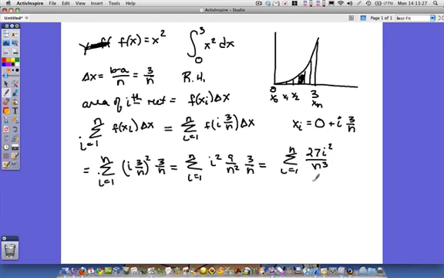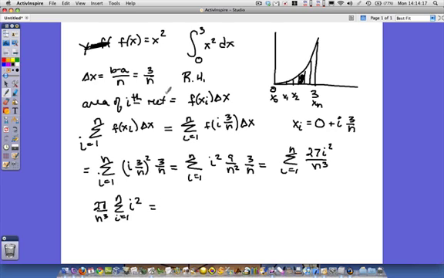Okay? Now what we talked about last week is that any constant we can take out and put out in front of the summation. So I'm going to do that with the 1 over n cubed. 1 over n cubed, sum i equals 1 to n of, I should do that with 27 too, shouldn't I? i squared. Cool.